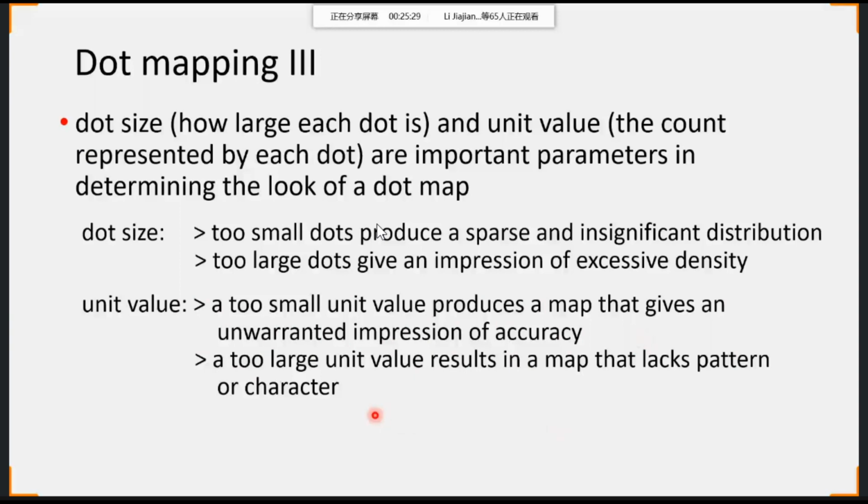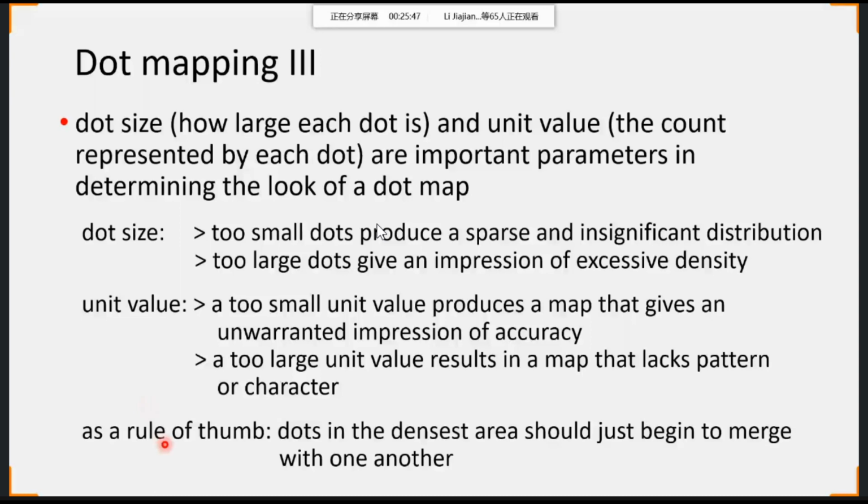A too large unit, on the other hand, results in a map that lacks pattern or character, because then you have only a few dots and you cannot really analyze any pattern. So that's the problem.